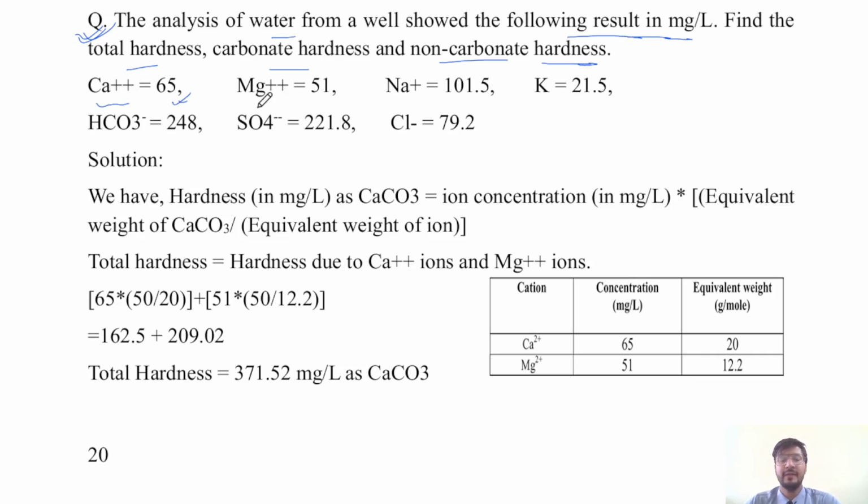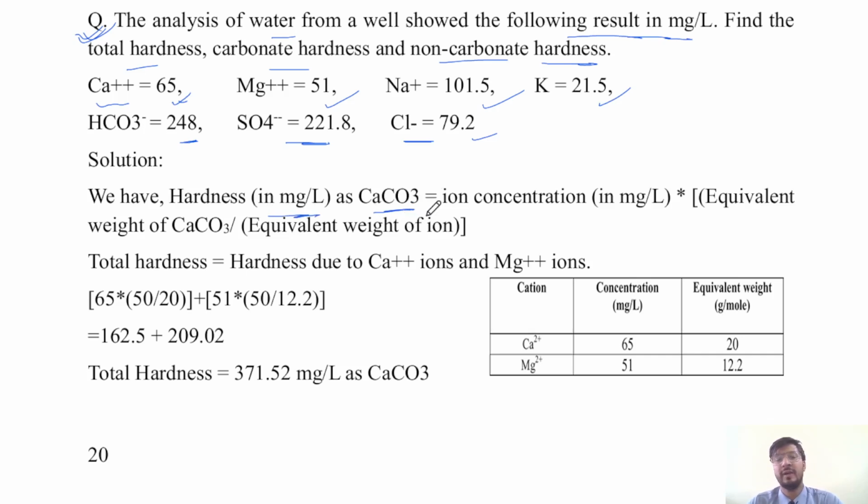The concentration of Mg++ is equal to 51, the concentration of Na+ is equal to 101.5, the concentration of K+ is equal to 21.5, the concentration of HCO3- is equal to 248, the concentration of SO4-- is equal to 221.8, and the concentration of Cl- is given by 79.2.